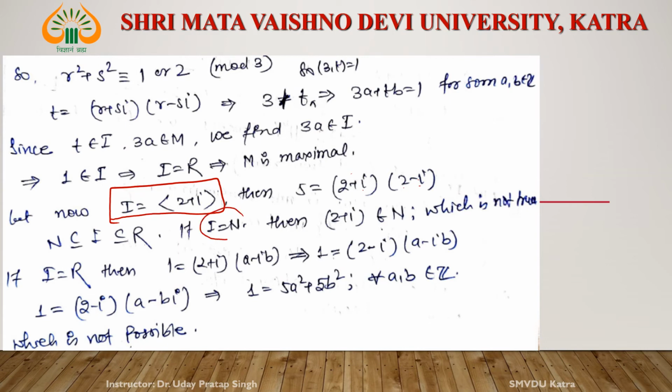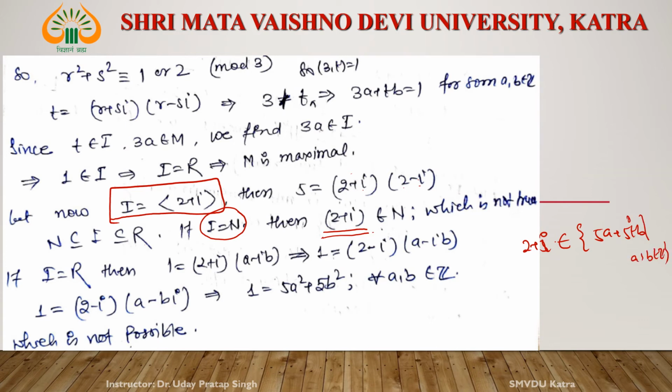If I is equal to N, then N is maximal. See, does 2 plus i belong to N? This is not possible. Why? Since N consists of elements 5a plus 5bi, where a, b belong to Z.